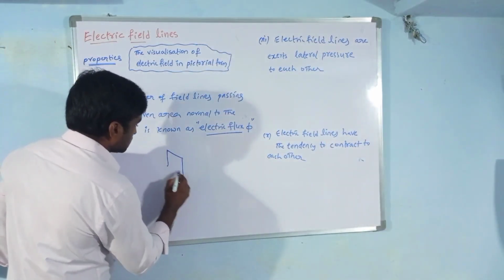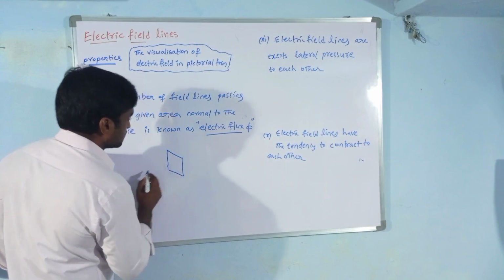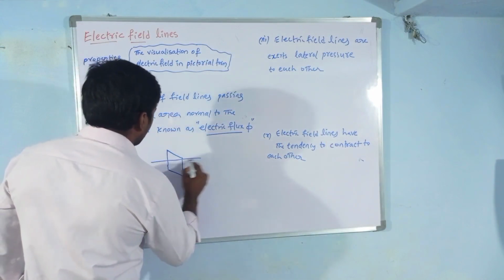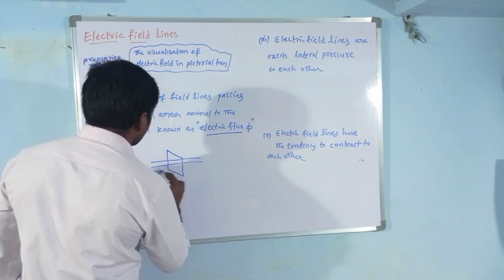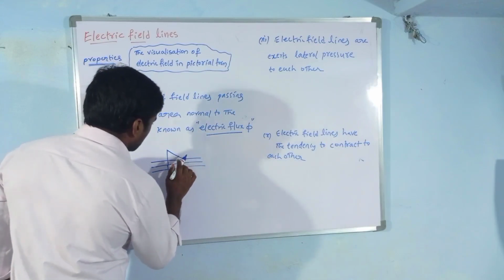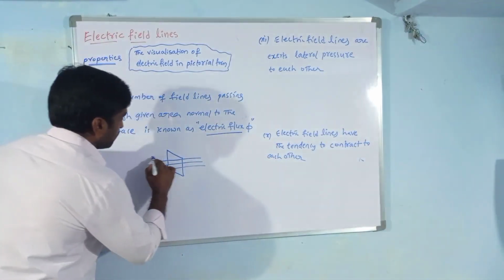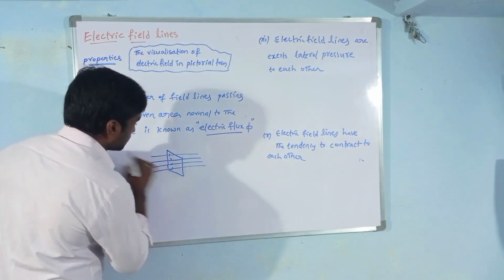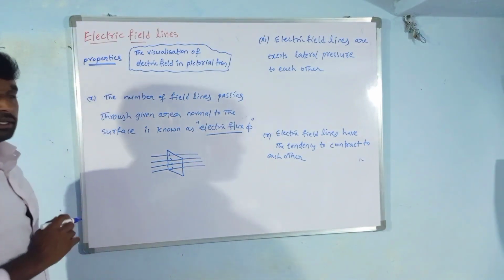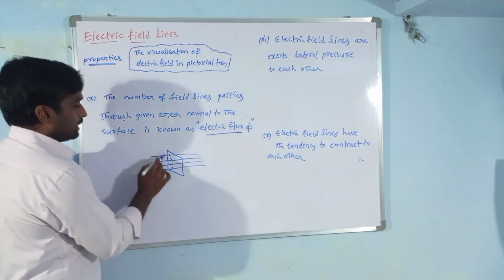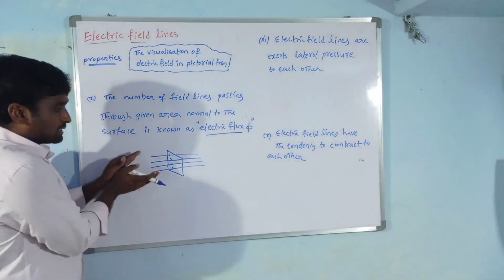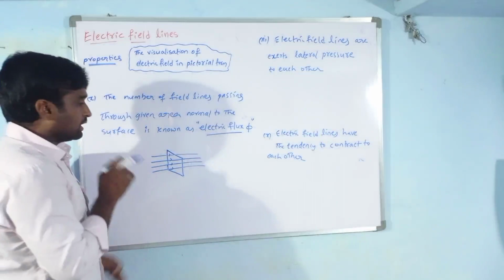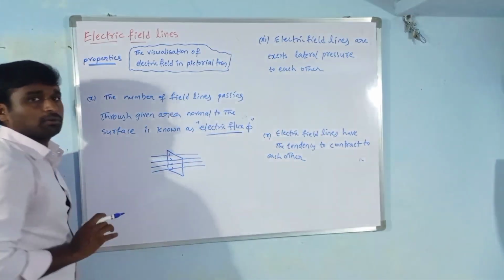Suppose, see here, this is a given surface, and electric field lines are passing through this surface. So what is the flux here? Electric flux is the group of lines passing through the surface in a direction normal to the surface.